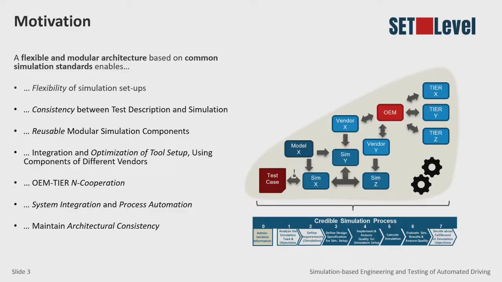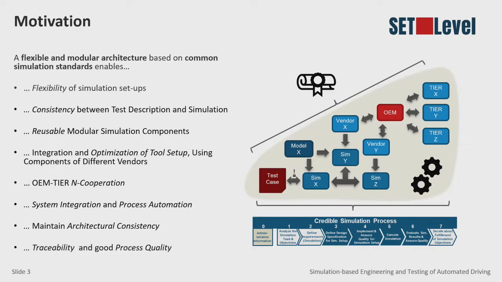You want to keep it along the whole process of development, right from the beginning, either of the whole simulation setup or of a certain component of it. By that, you additionally gain process quality and traceability.